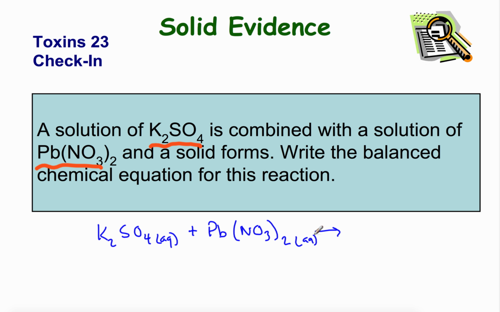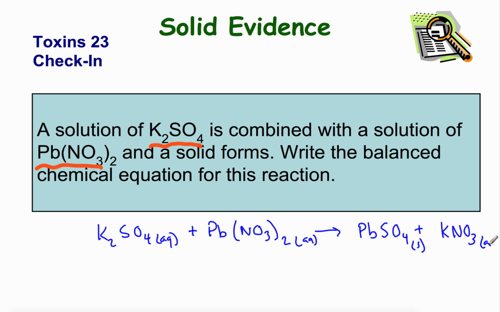And our products are, let's see, the lead has a +2 charge, sulfate has a -2 charge, so it's going to be PbSO4, and NO3 -1, K +1, KNO3.